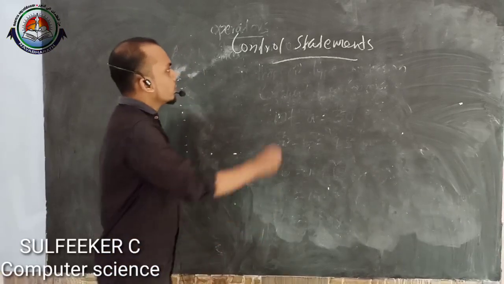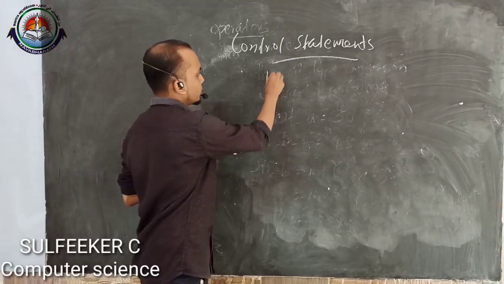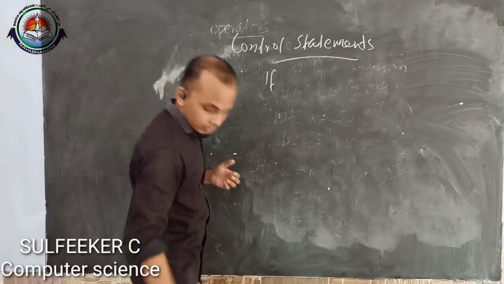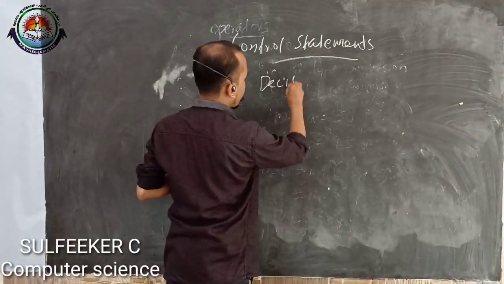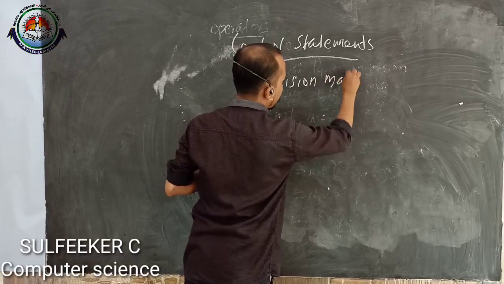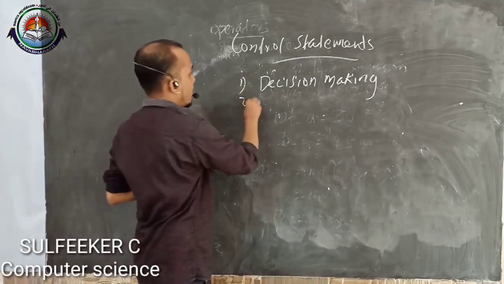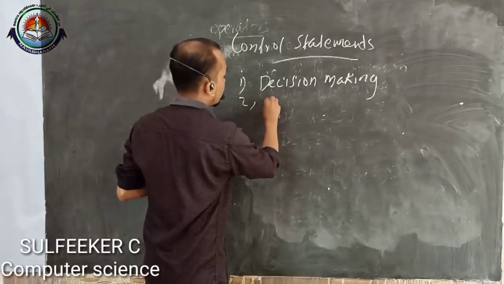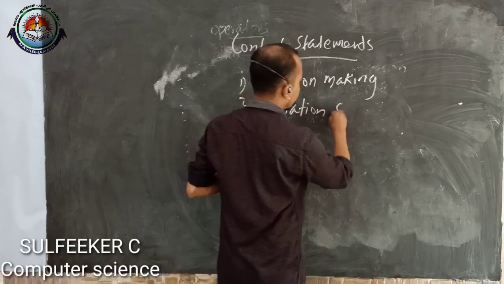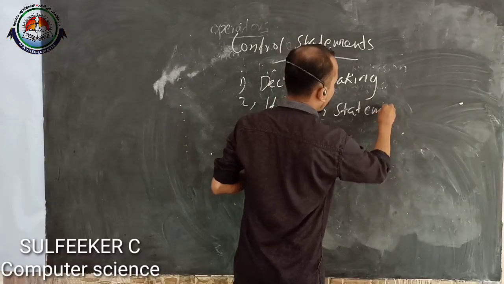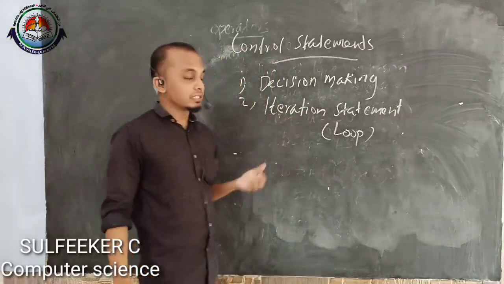Okay, control statements are mainly divided into three types. First one is decision making statements. Another one is iteration statement, or looping statement, that we will discuss later.